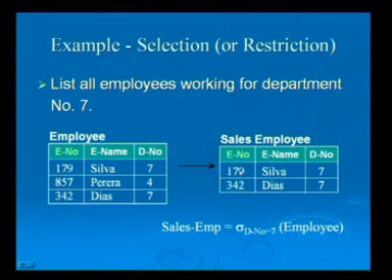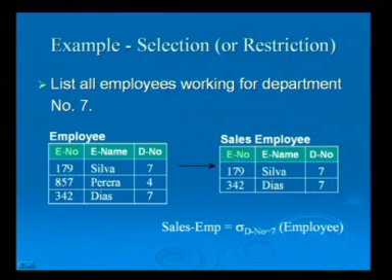Now, let us consider another property of the selection relational algebra operation: selection is commutative. If I am going to illustrate that, you can apply a number of conditions on the relation, and if you apply condition 1 after condition 2, it is similar to applying condition 2 after condition 1.